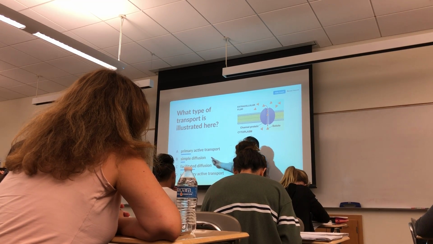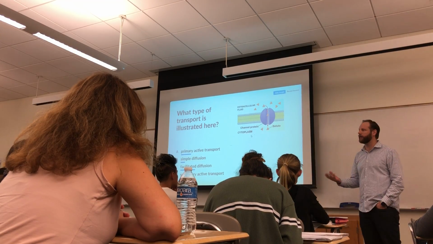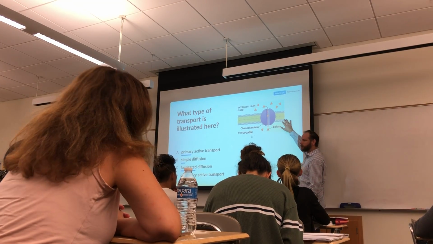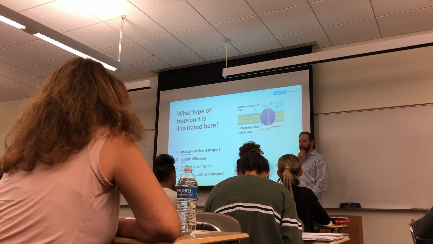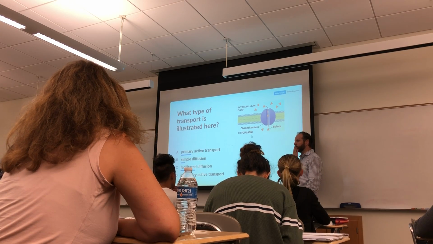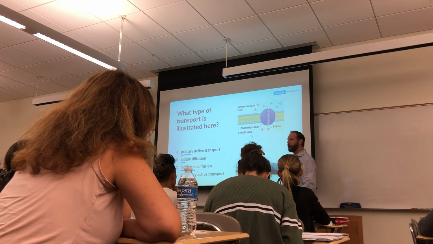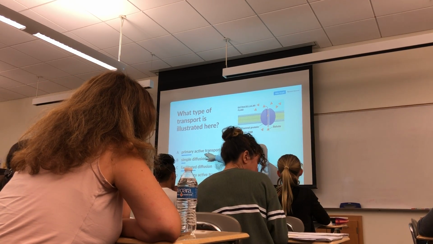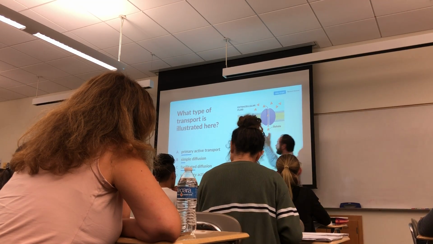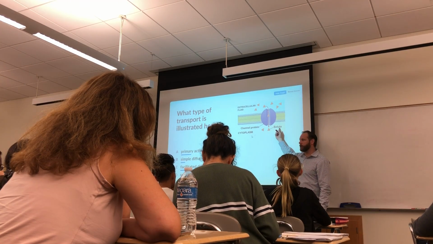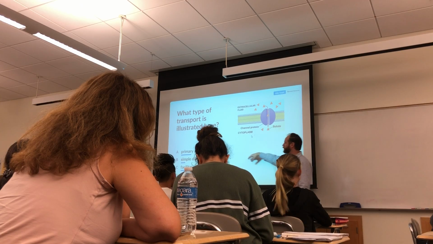Primary and secondary both have the word active. So this requires an input of energy. Does this look like it requires an input of energy? Why not? Okay, so if you know primary active transport is using ATP, there's no ATP in this diagram, right? We're not spending any ATP here, so you should be able to eliminate that.